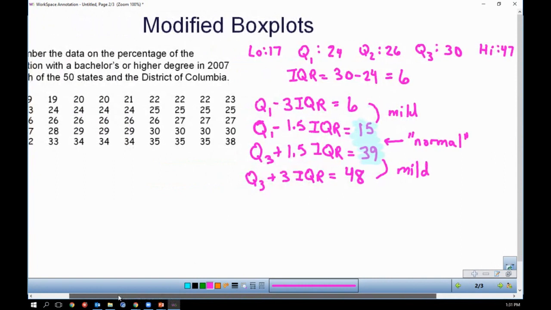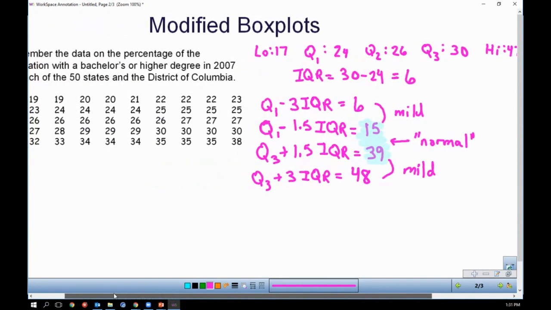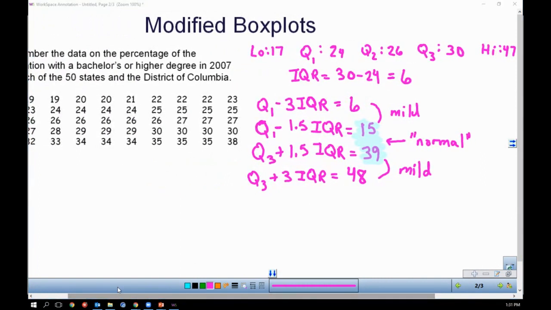Okay, so let's draw our box plot with this information. So we're going to do the same scale that we decided on earlier.